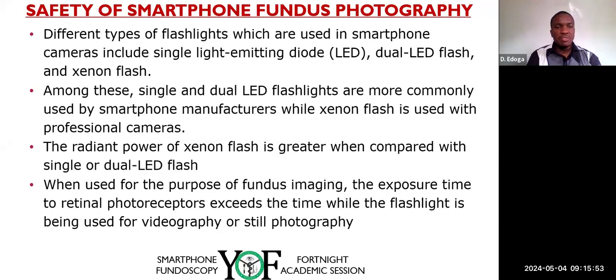So the camera systems, we need to note when we want to start smartphone fundus photography. If it is xenon and not LED, it is going to cause greater irradiance to the retina, unlike if it is a light emitting diode, LED.